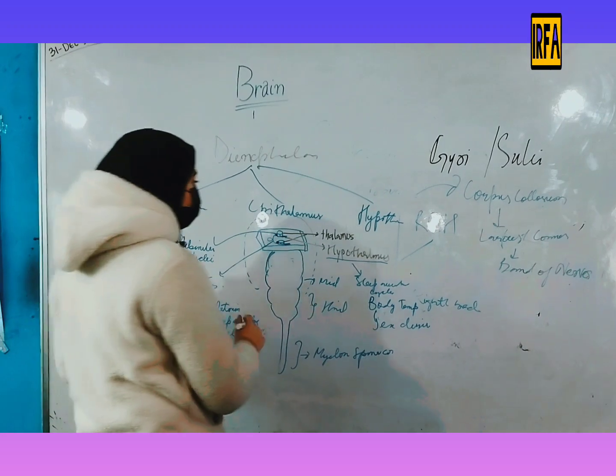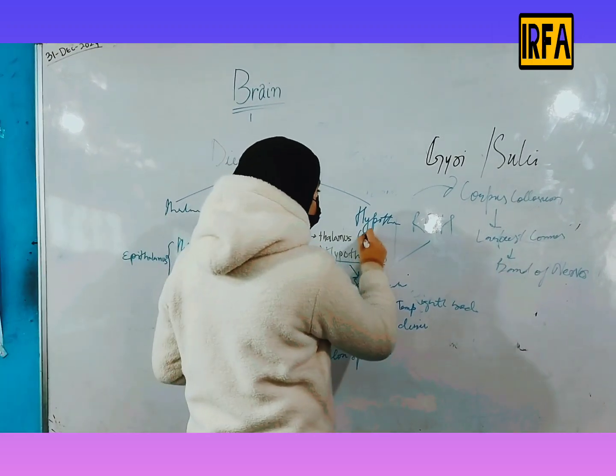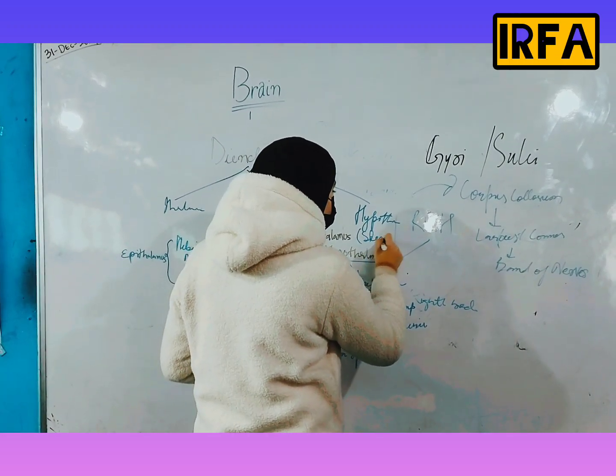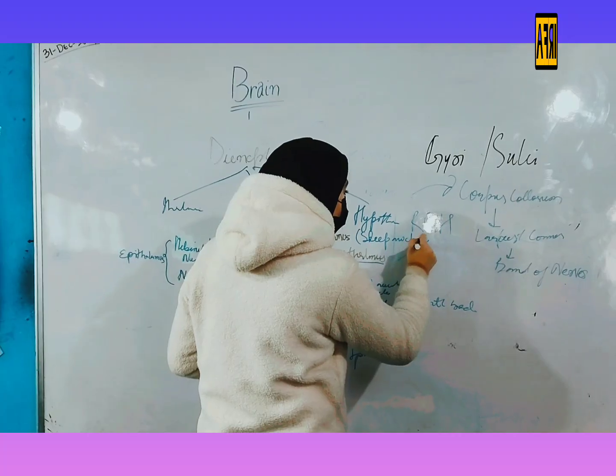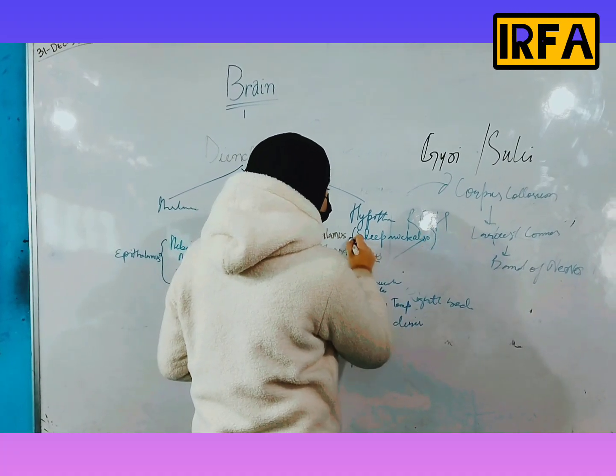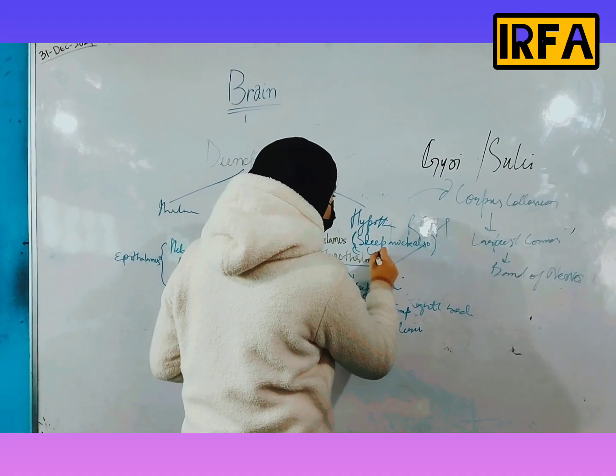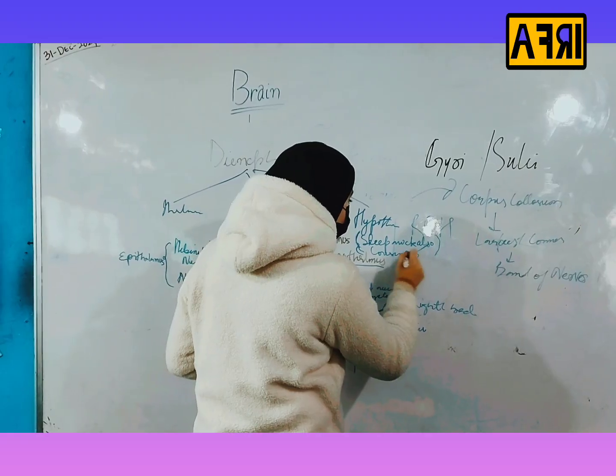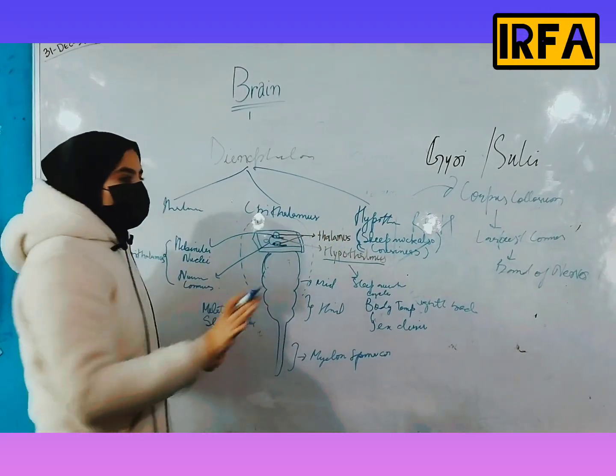Now, the thalamus is responsible for the sleep-wake cycle also. It's responsible for consciousness. This was all about diencephalon.